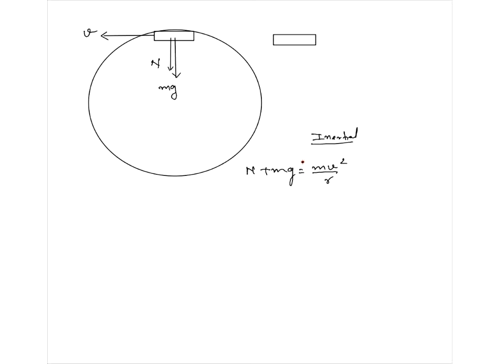Circular motion protects, speed protects. If the motorcyclist is going with too small a speed, then mg is too much, and complete mg is not consumed in providing mv square by r. Then you can imagine what will happen.